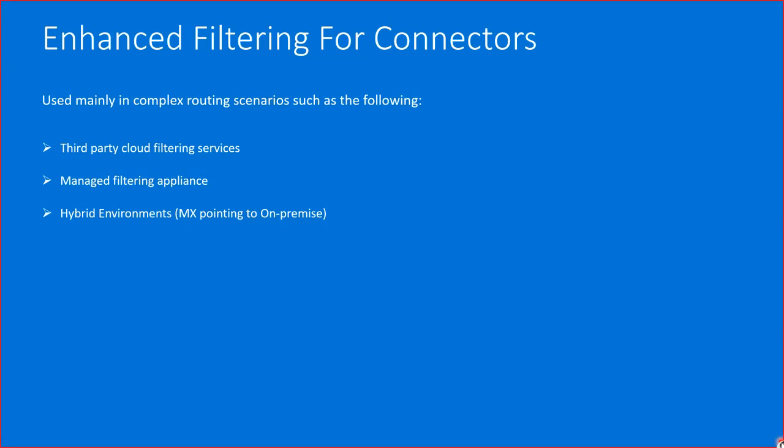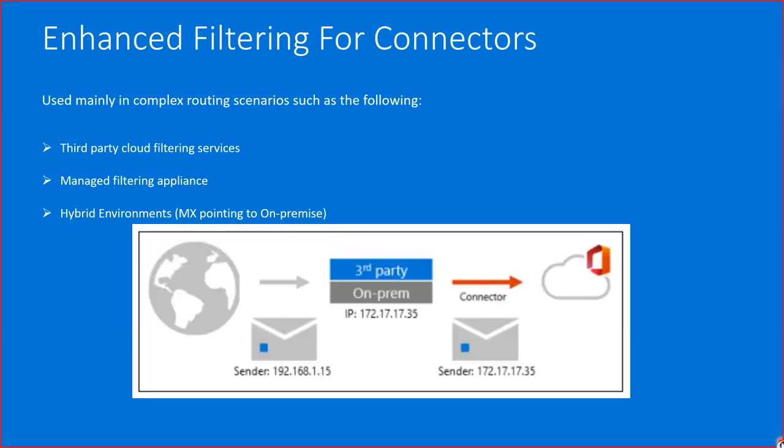But again, there could be requirements where we want to route all messages to the on-premise environment and then deliver them to mailboxes in Office 365. MX can be pointed to on-prem. Now, in these cases, for every message coming from any domain on the internet, from a source standpoint, Exchange Online sees that message only coming from the customer's IP address for the on-premise environment.